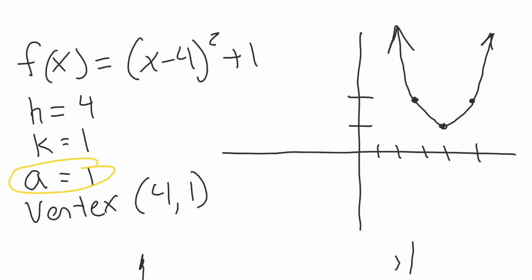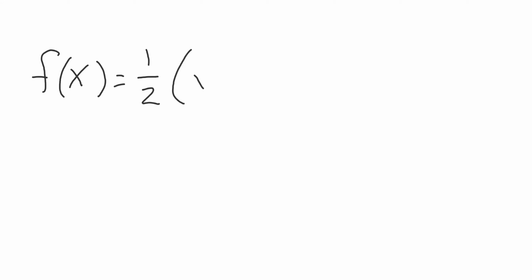Let's take a look at one more example. I don't think we need too many more. So let's do f of x is 1/2 times x plus 2 squared minus 5.